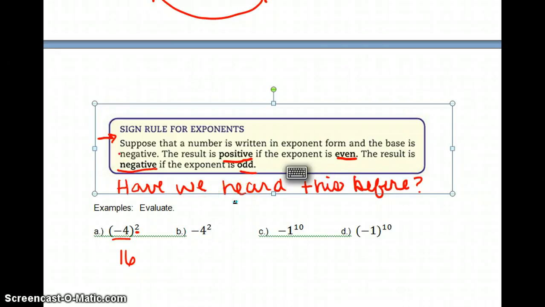I like Please Excuse My Dear Aunt Sally. I learned that as a child and never forgot it. Some people just memorize the word PEMDAS. The word PEMDAS, again, stands for each of the operations, and it helps you to remember what you should do in a problem in order.